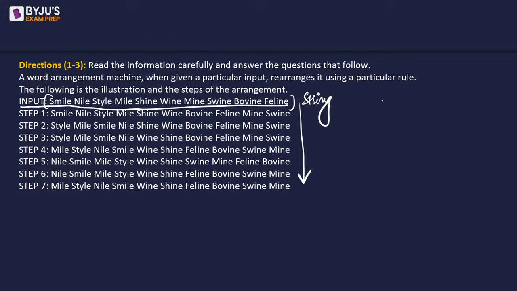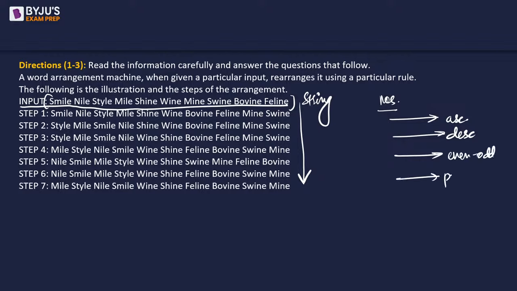For example, in the case of numbers, you can have a rule such that the numbers are arranged in ascending order, or descending order, or as even and odd, or as prime and composite, and so on. There can be a lot of ways by which a particular string can be rearranged.